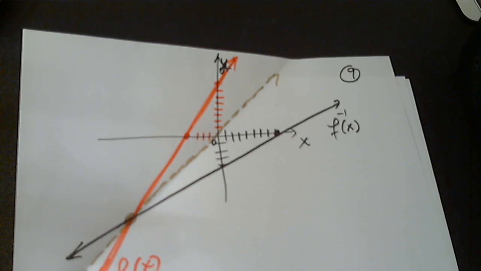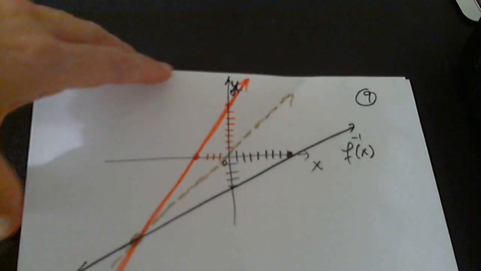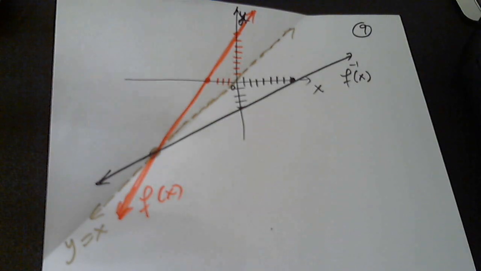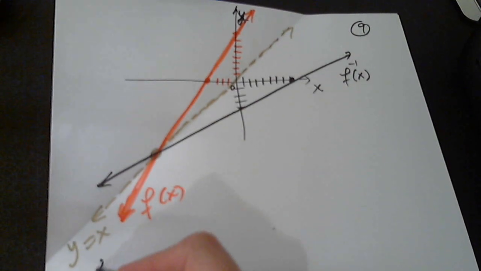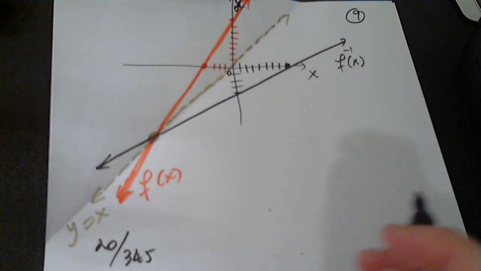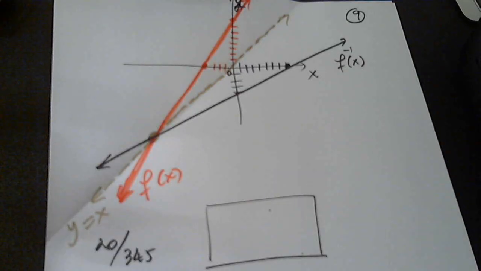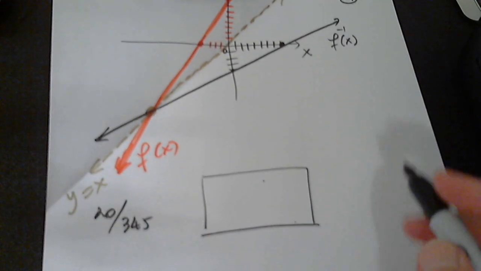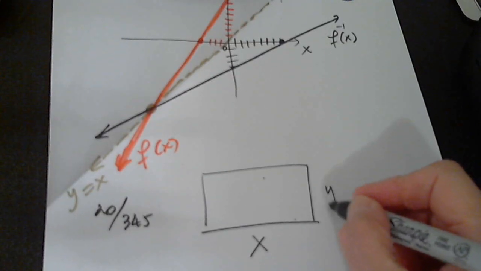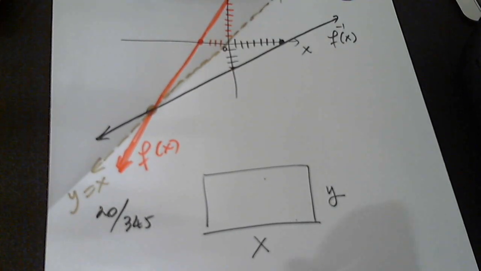If 22 feet of fencing is needed to enclose the garden, what are its dimensions? So, on page 345, a rectangular garden. Here's the rectangular garden. I'm going to say that the length is x and the width is y. You can use L and W, it doesn't matter, you choose.